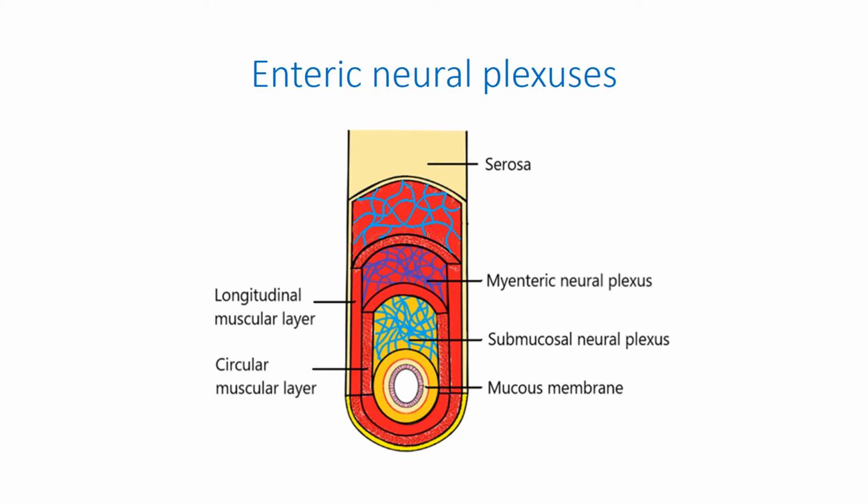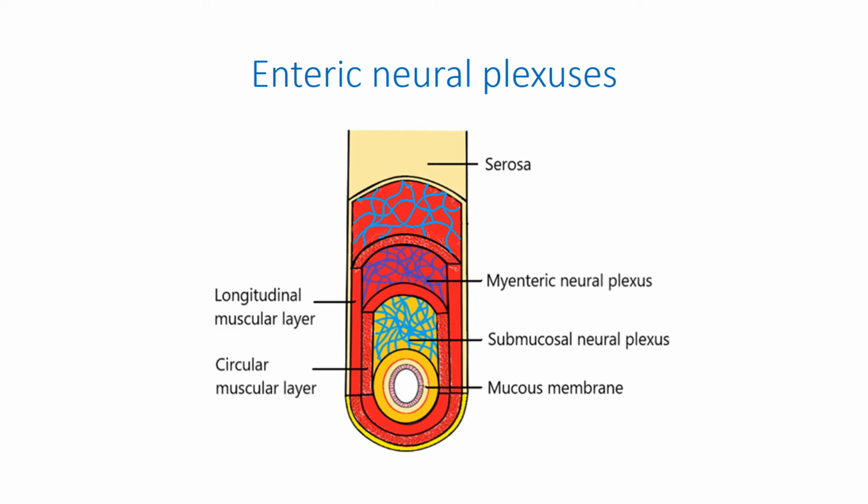The ENS of the gastrointestinal tract consists of three plexuses: the subserosal, myenteric, and submucosal. Major populations of enteric gliocytes are found in enteric ganglia in the myenteric and submucosal plexuses.